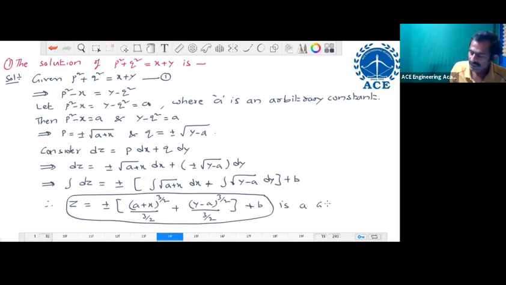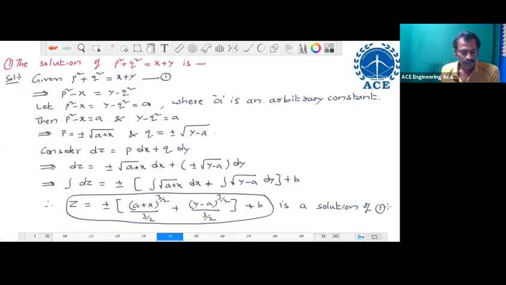This is a general solution. So it is the method of finding the solution of the third type.